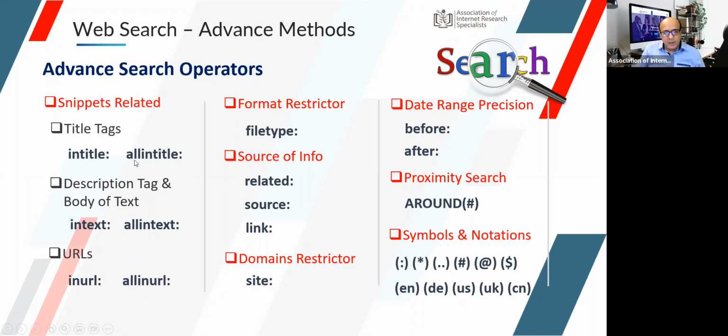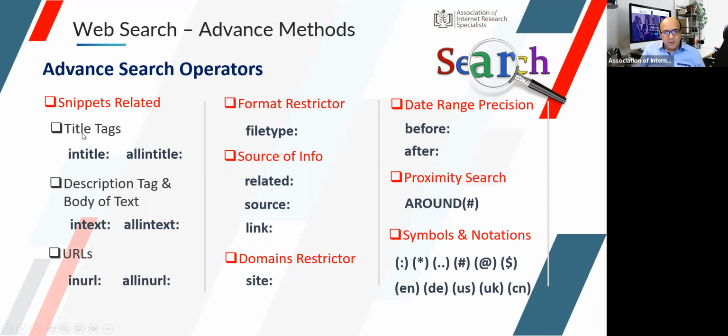So what are the operators we are going to cover in the title, in the description tag, in the URLs, and typically they have a structure of their own, which is standard everywhere. Even in Bing and other search engines, you'd find that the structure is the same, which is a word and then a colon sign after it, another word and a colon sign after it.